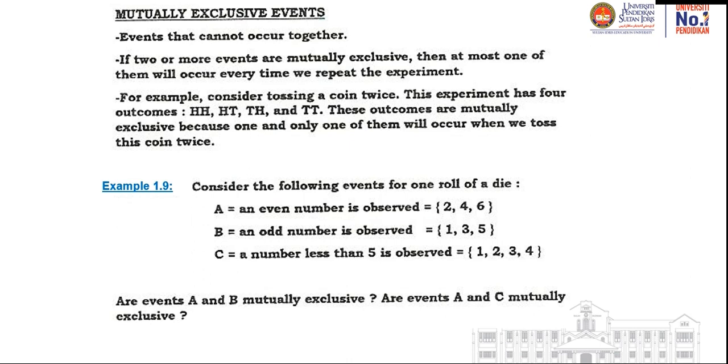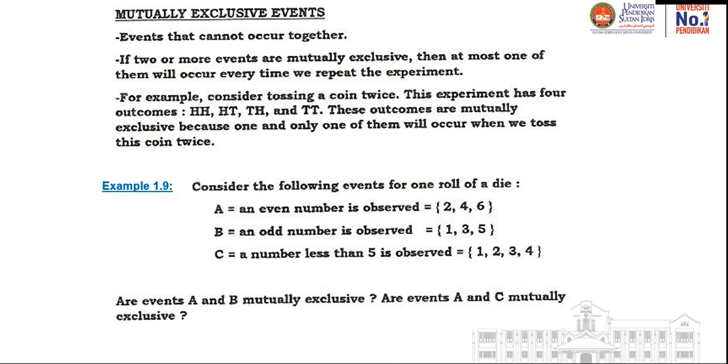Okay, example 1.9. If you roll the dice once, you have possible compound events. The sample space is obviously 1, 2, 3, 4, 5, 6, which is 6 possible outcomes when you roll the dice once.